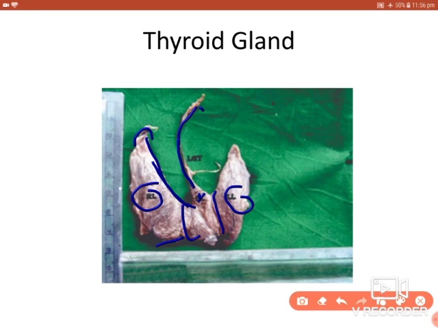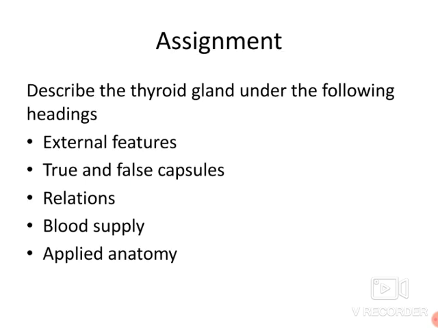See the anterior border, the surface is the anterolateral surface. Its length is on average 5 centimeters. Yes, that's all about the gross features of the thyroid gland.